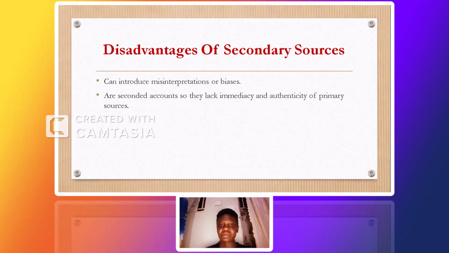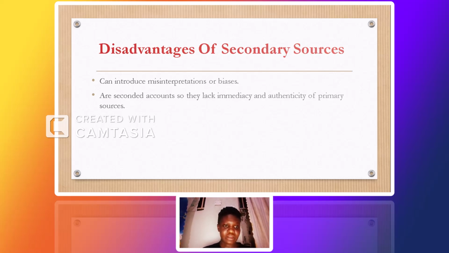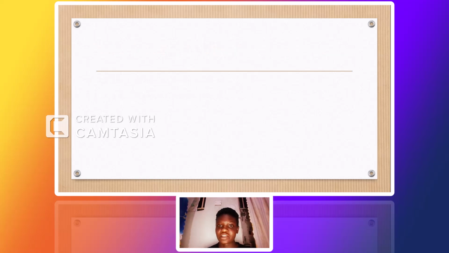When we go to secondary sources to get information, it would have taken some time. Therefore, the information we have got is not immediate because it had taken some time. Those are some of the disadvantages.